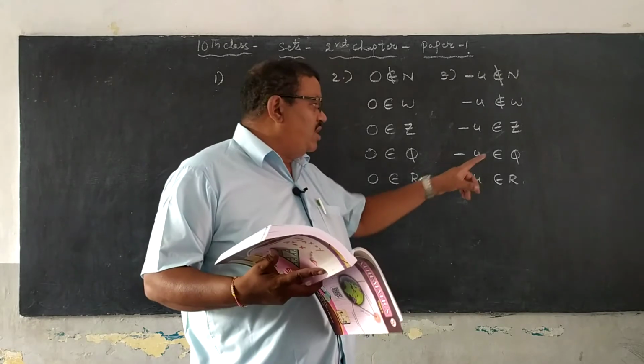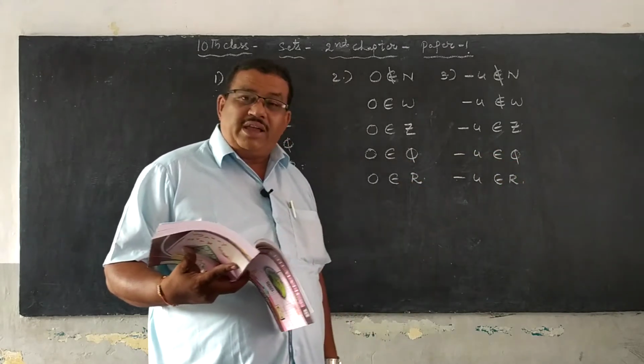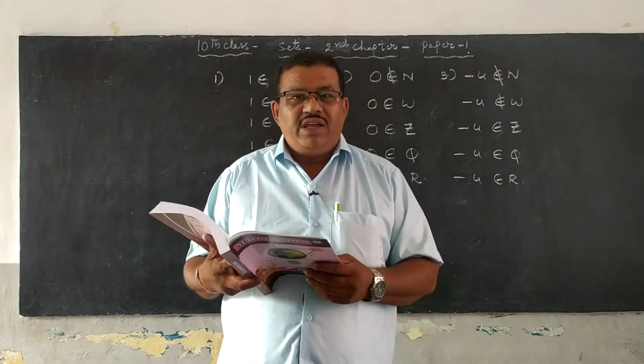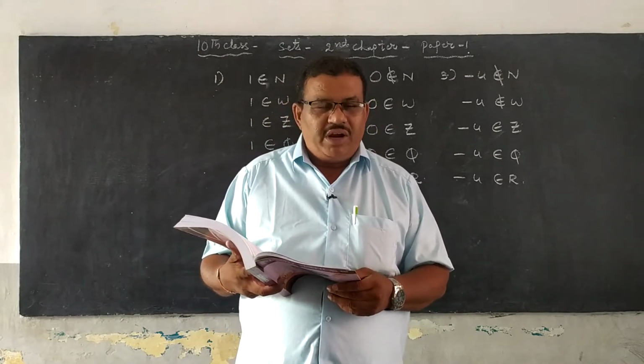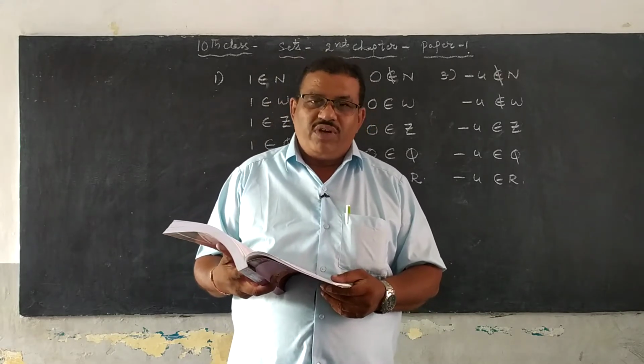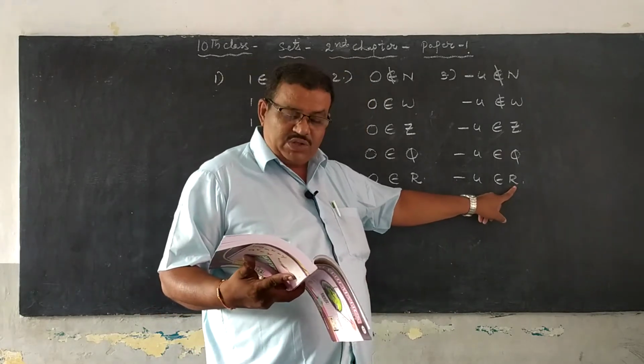It belongs to the set of rational numbers as well as real numbers. Pi. Pi we already discussed in 9th standard. Pi is neither terminating nor repeating, so it belongs to the set of irrational numbers. So pi belongs to the set of real numbers only.